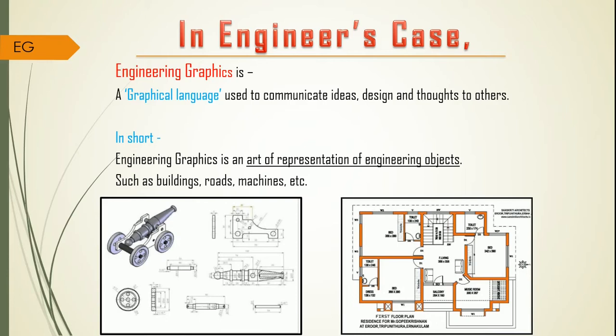If you have to build any building or roads, or design a machine, then at first you have to put down the drawing of the machine, the building or any product on paper. That graphical representation is the language of an engineer.